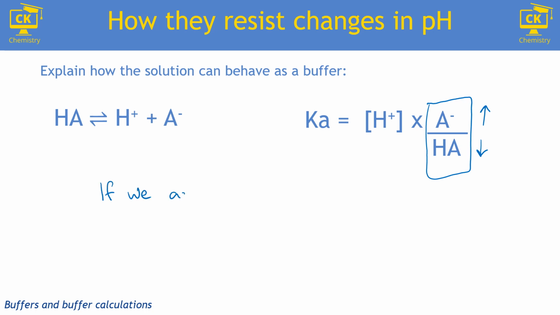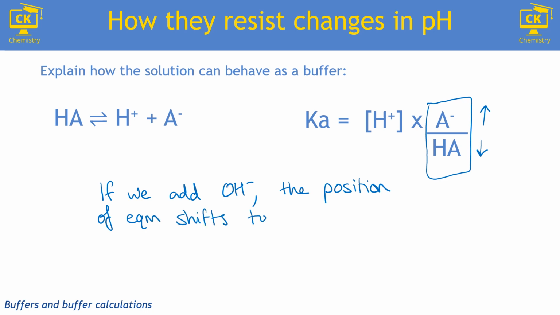If we add OH minus, then we can say that the position of equilibrium shifts to the right hand side, and that's because we're removing H+, and therefore the equilibrium is responding. And we can say that the concentration of HA goes down and the concentration of A minus goes up.